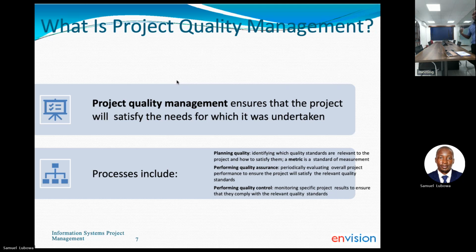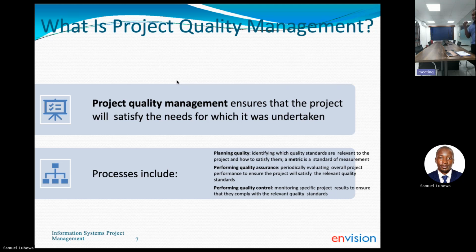Let's take the case of an online voting system, where you interact with the voters, the registrars, and the government as the stakeholder. In this case, project quality management ensures that our e-voting project will satisfy the needs for which it was undertaken.